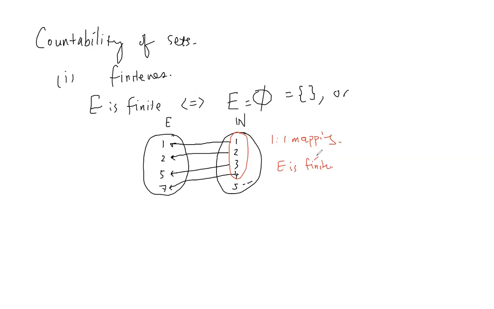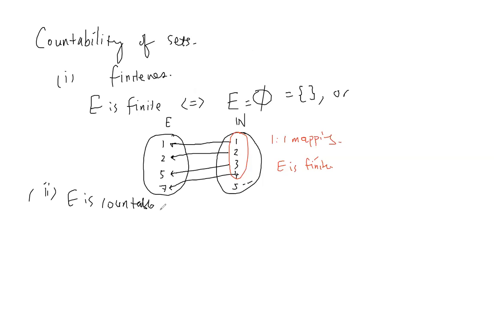And of course, if you want to make the notion watertight, then you have to use this idea of one-to-one mapping. So you can see the difference between intuitive thinking and a more rigorous way of defining things in mathematics.